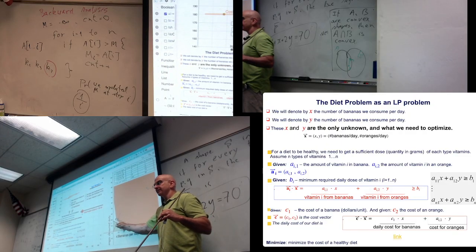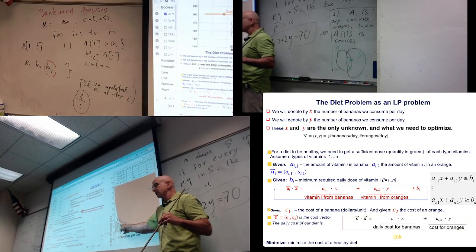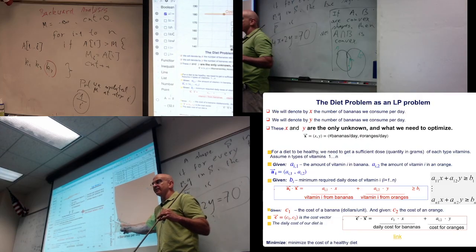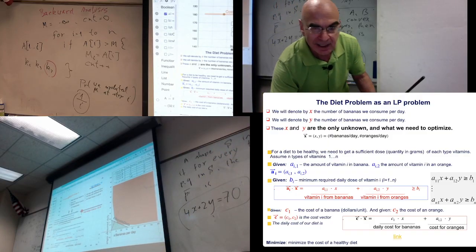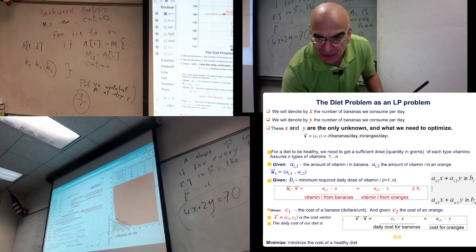Because if you have a point in the intersection that you can afford, then you also have a vertex that you can afford.